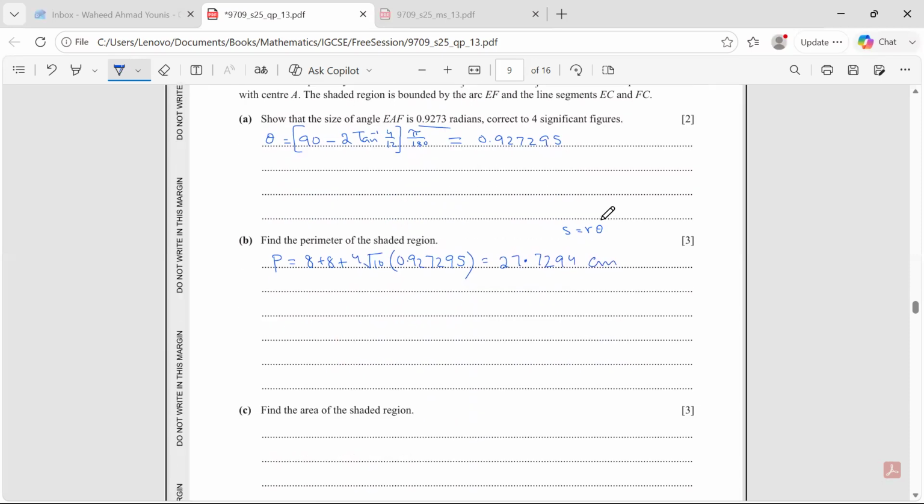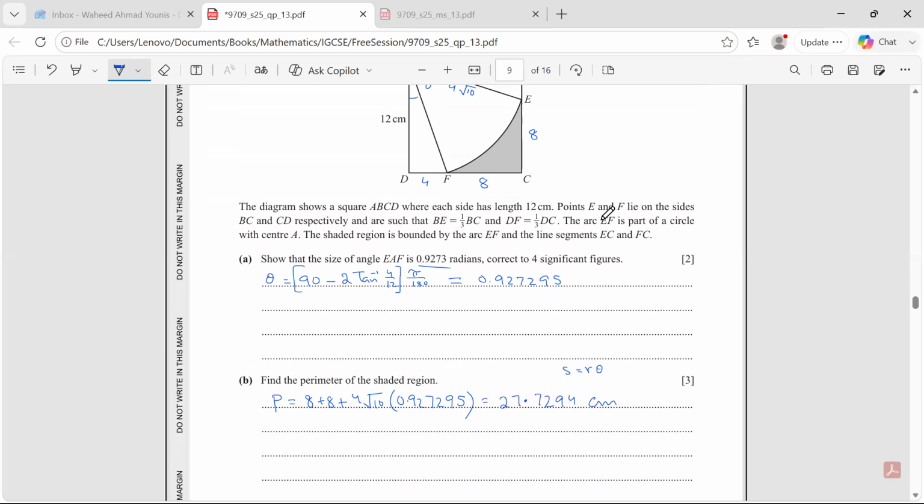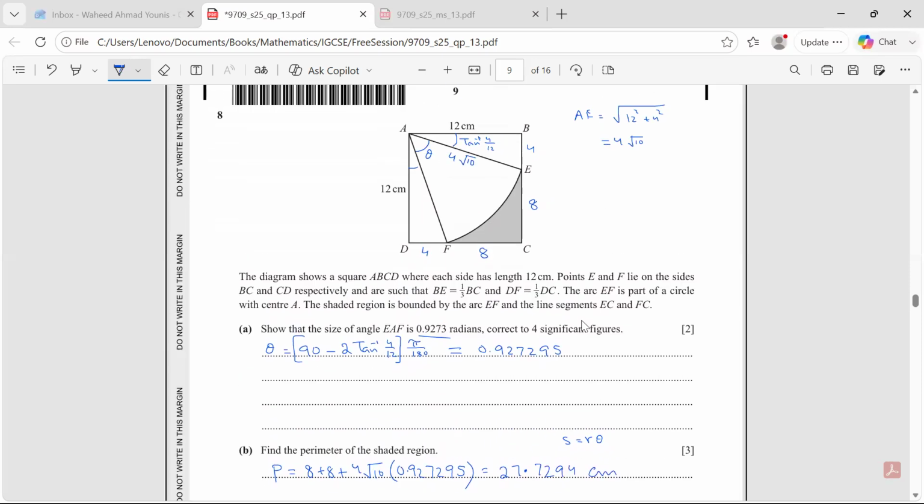Now the next part, find the area of the shaded region. Let me do it here because I have to look at this diagram. What is the area of this shaded region? You see, if I find the total area of this square, and from this area of the square, I subtract this triangle and this sector, I will get the area of this shaded region, right?